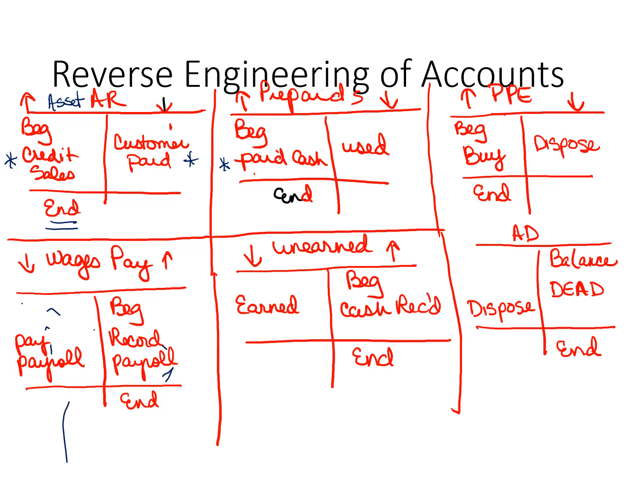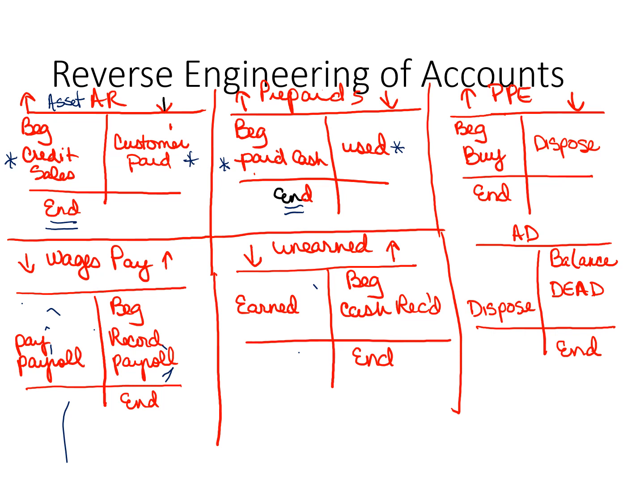We credit prepaids when we use that rent or that insurance expires and the expiration goes over into the expense account. So if I know that that's the only stuff that can happen in prepaids, then that's good to know too.